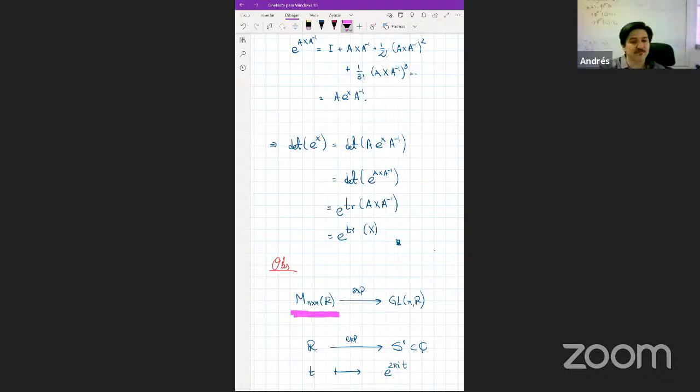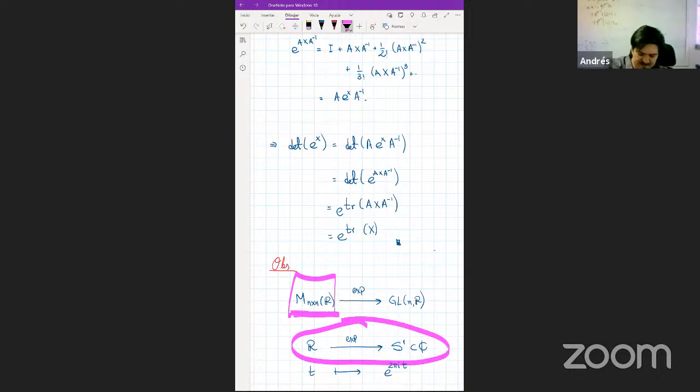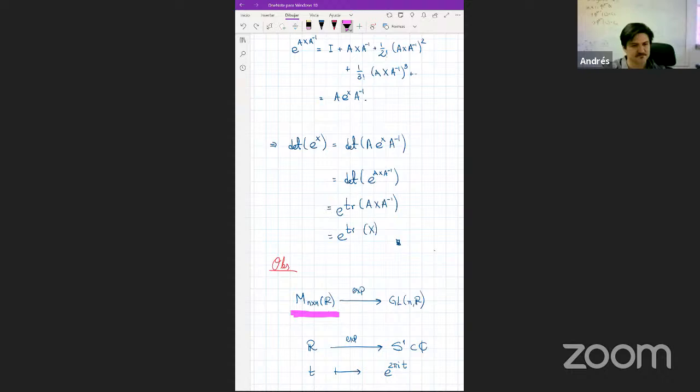So that's why we think of M as a vector space, something linear, and GL as the manifold, the group, something that is not linear, a curve so to speak, given by this. Okay?